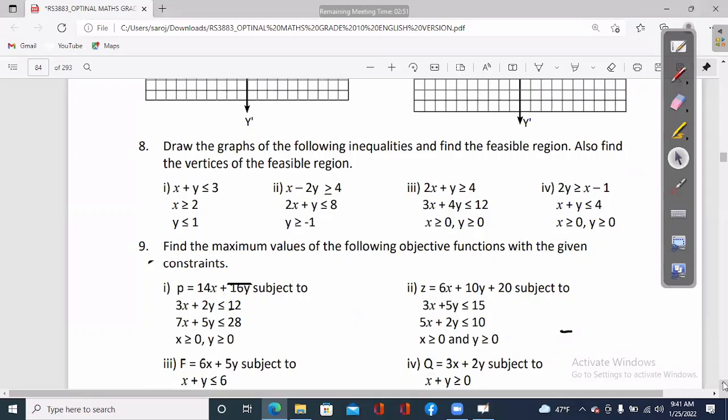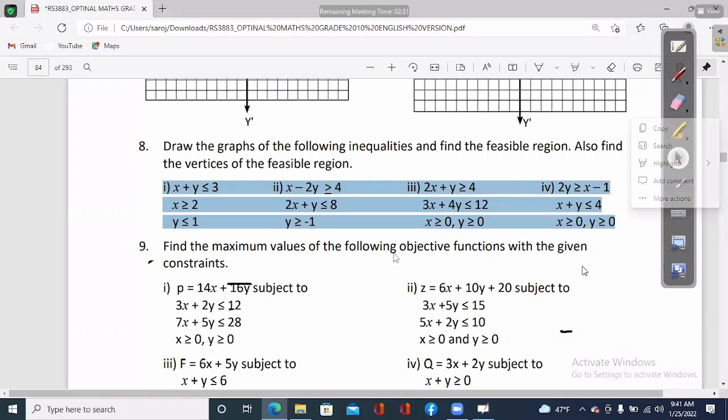Just show these questions in the graph, all of you. This is question number 1, this is 2, this is 3, this is 4. Just show in the graph and shade the feasible region. Show the three inequalities in the same graph, and after showing them in the graph, shade the feasible region. That much only. And find the feasible vertices also. So your assignment is to do question number 8, all of you.